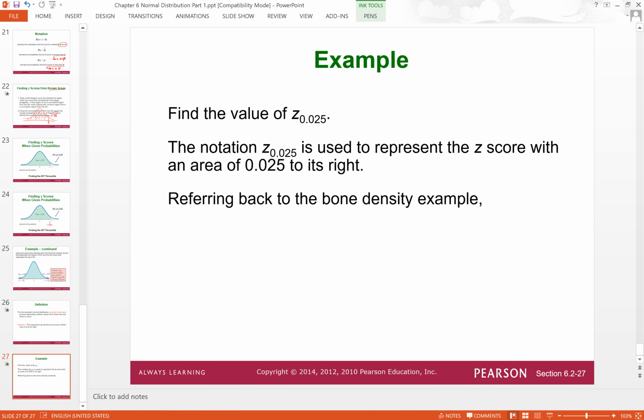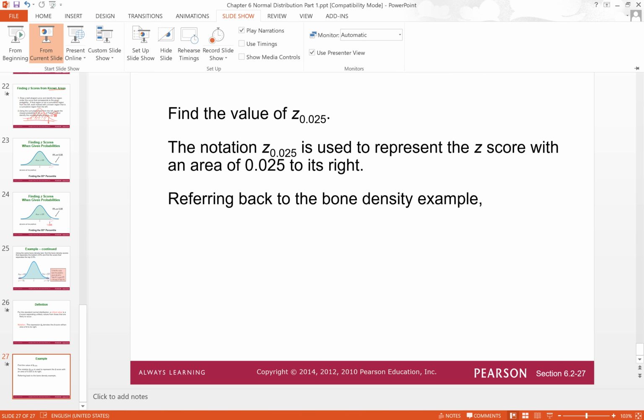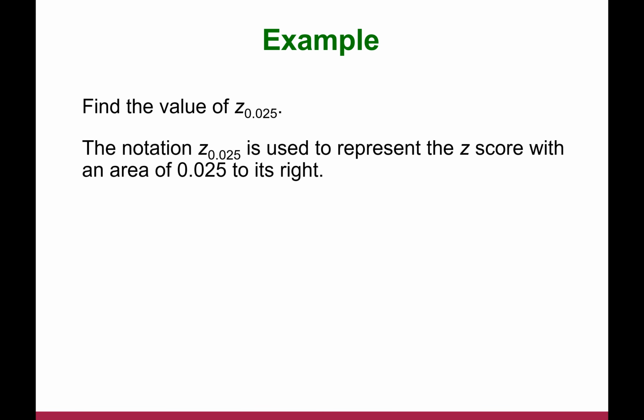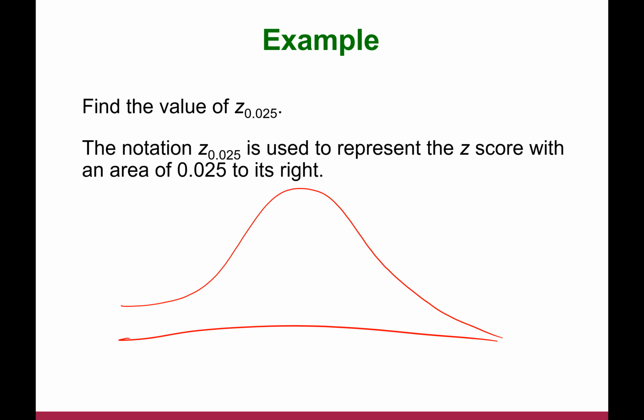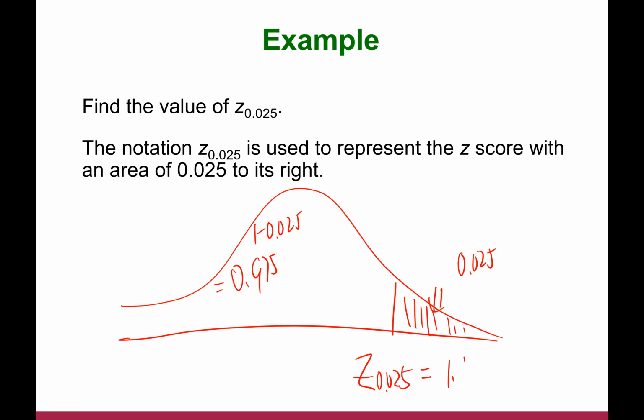Now let's go back here one more time. According to this, the area to the left is 0.975, and the area to the right is 1 minus 0.975, which is 0.025. And the cutoff z-score here on the table is 1.96. Again, we're using area to find the corresponding z-score.